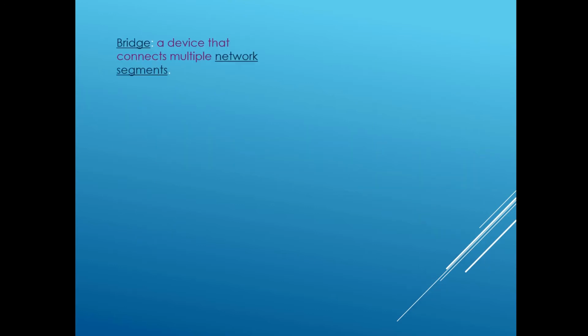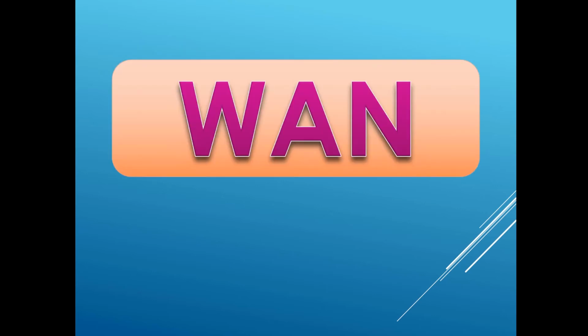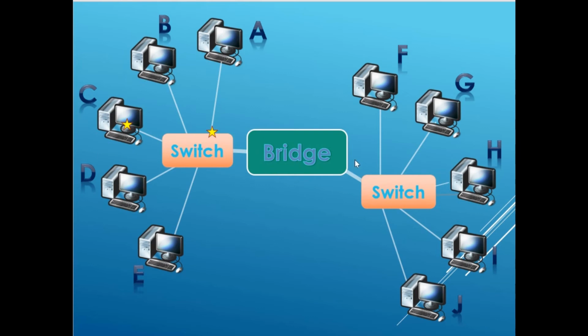Much more efficient. So a bridge is simply a device that connects multiple network segments. That is something you can put down in your glossary, in your OneNote. And it could send across the bridge and send it directly to computer G, or if it chose to, it could send it to all the computers.